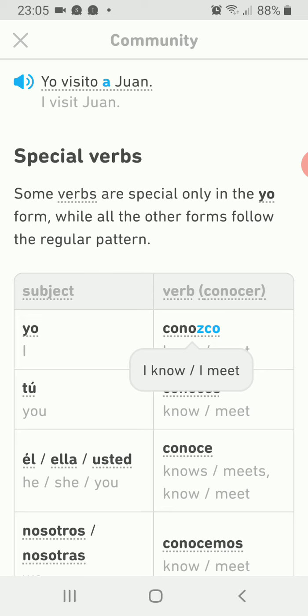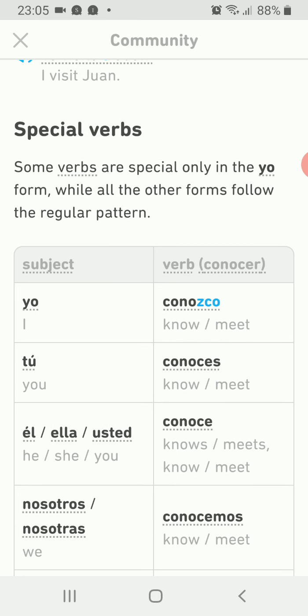It should be conoco normally, but there is this rule in Spanish that just for the pronoun yo, you have to use this ending. So conozco, with the Z sounding like an S.